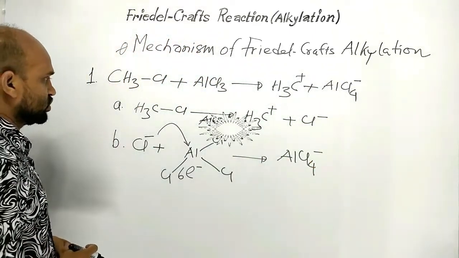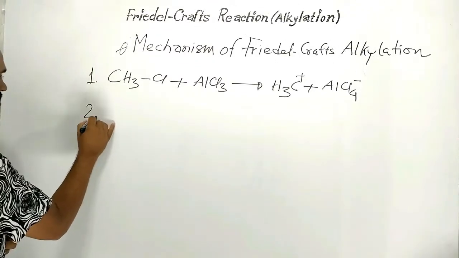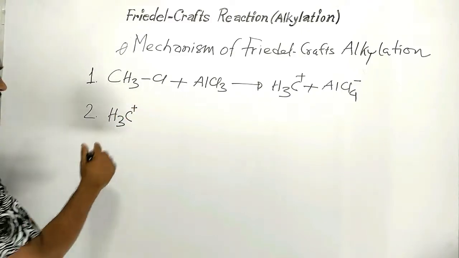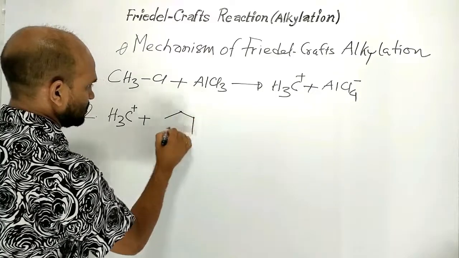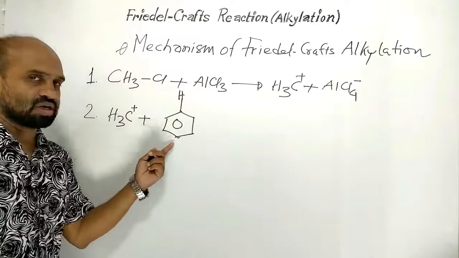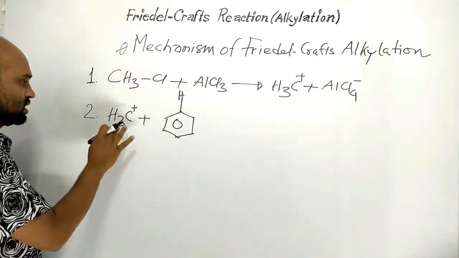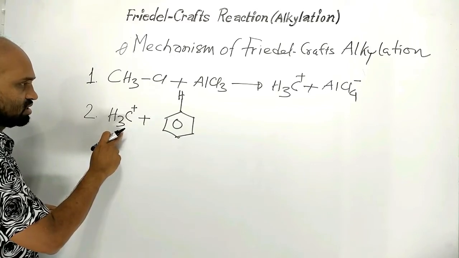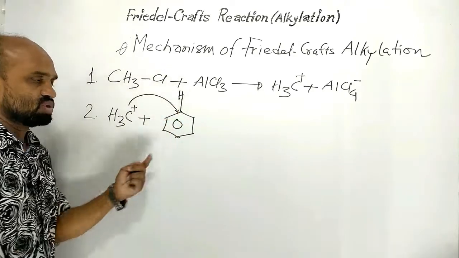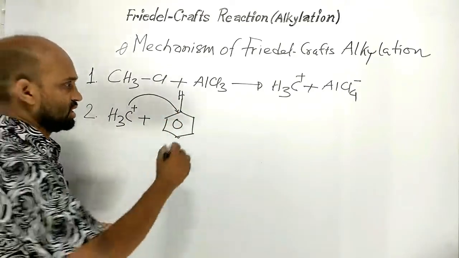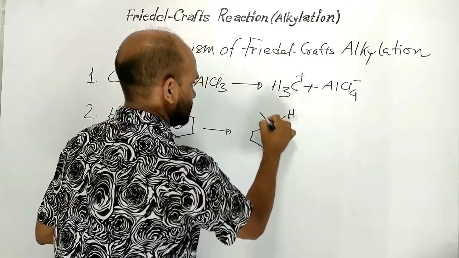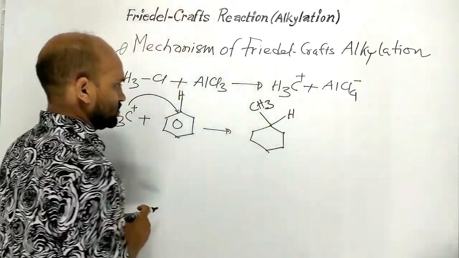Now let's see step 2. Step 2 is this methyl cation, which is electrophile, interacts with benzene. Benzene is electronically rich compound, and this is electronically deficient entity. So it combines with benzene with any carbon atom, and as a result this is formed, hydrogen here, methyl group.